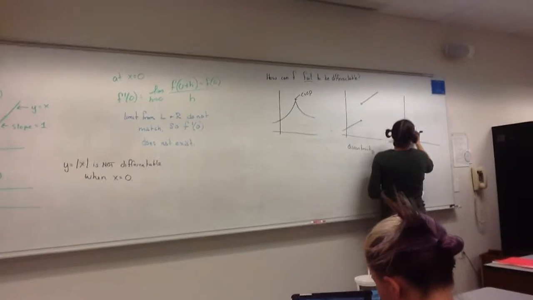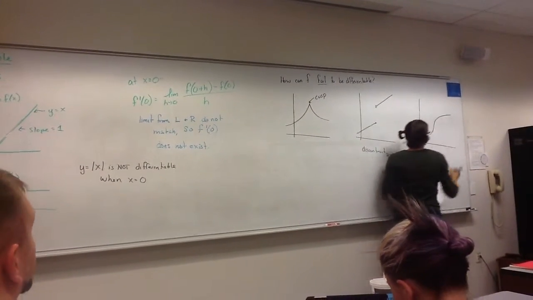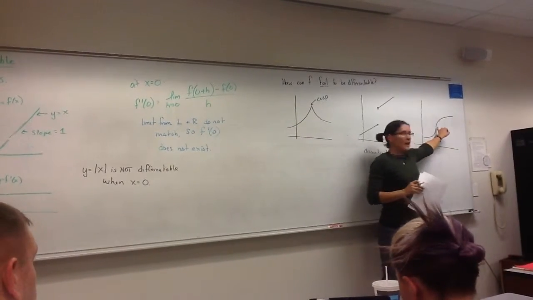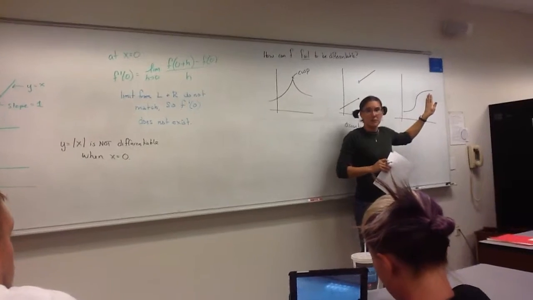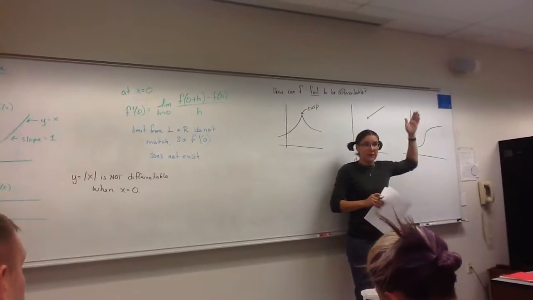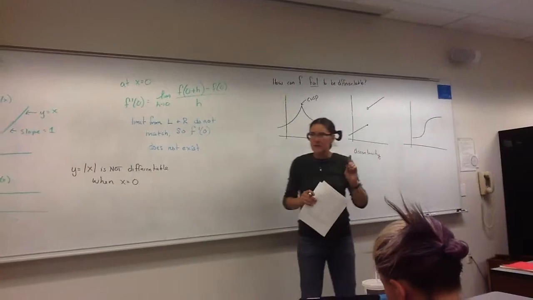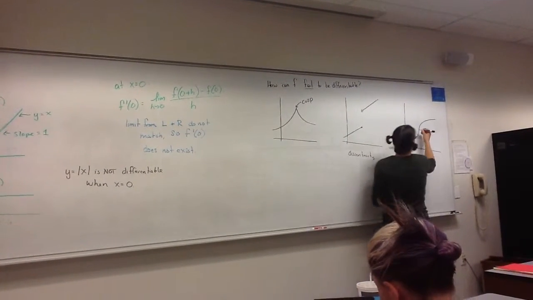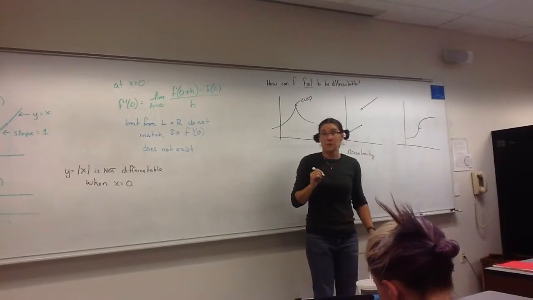And here's a weird one. Here I've got a function that for just a hair-splitting second gets completely vertical. Not long enough to fail the vertical line test, but for one split second, one point in time, right here in the middle, that slope is vertical.